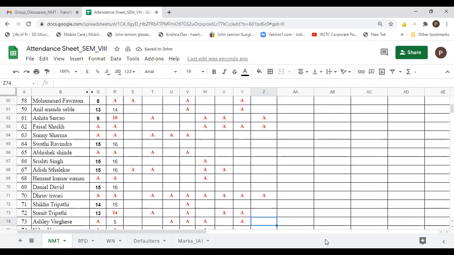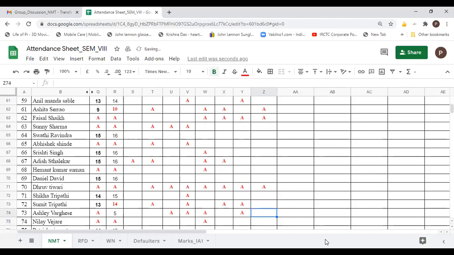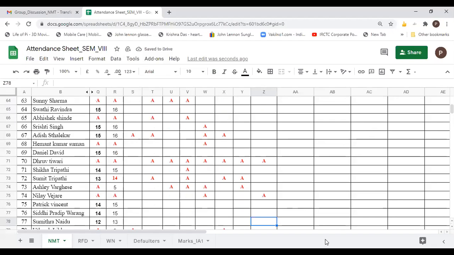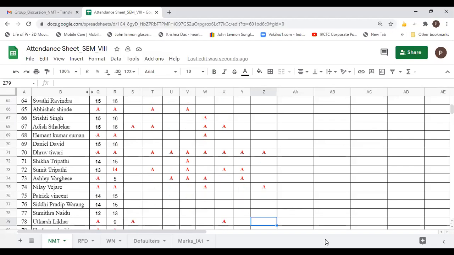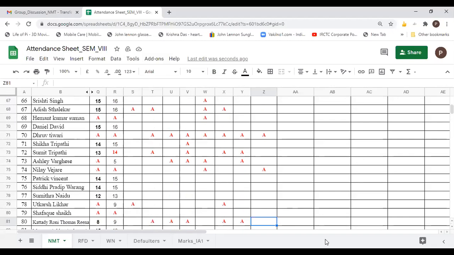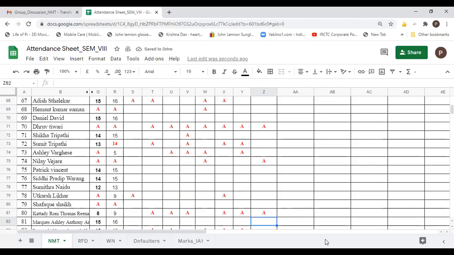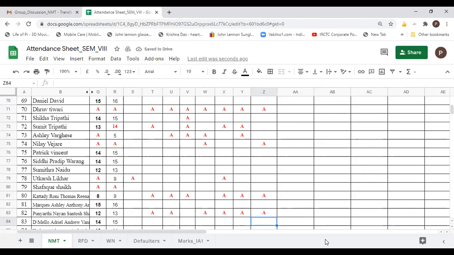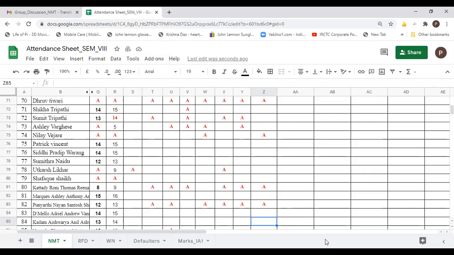Present, ma'am. 73, present, ma'am. 74, Nilay. 75, Patrick, present, ma'am. 76, present, ma'am. 77 present, ma'am. 78, present, ma'am. 79, present, ma'am. 80, 81, present, ma'am. 82, 83, Adriel, 84, present, ma'am.